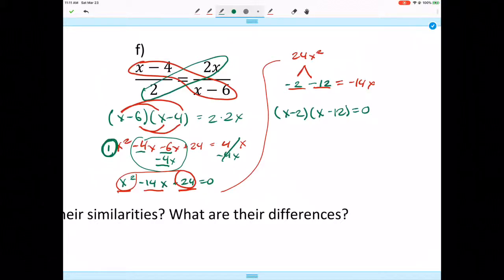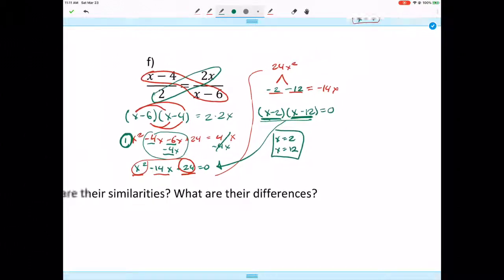And if you were able to FOIL this, you would get this exact same answer. Okay, last thing we need to do is find what is going to make this be 0, which would be x equals 2, and what would make this be 0, x equals 12. Okay, those are the two solutions, and we're done.